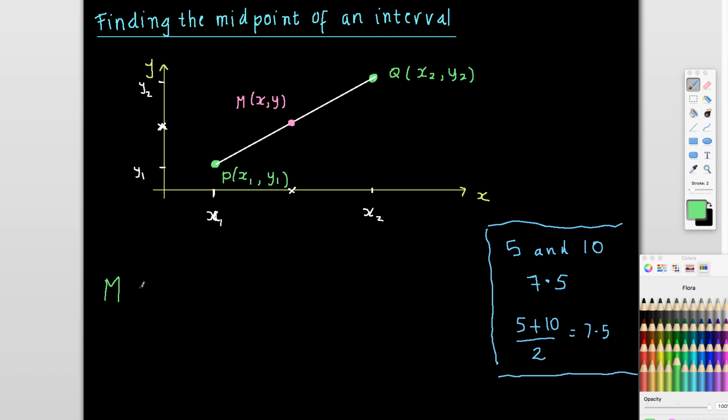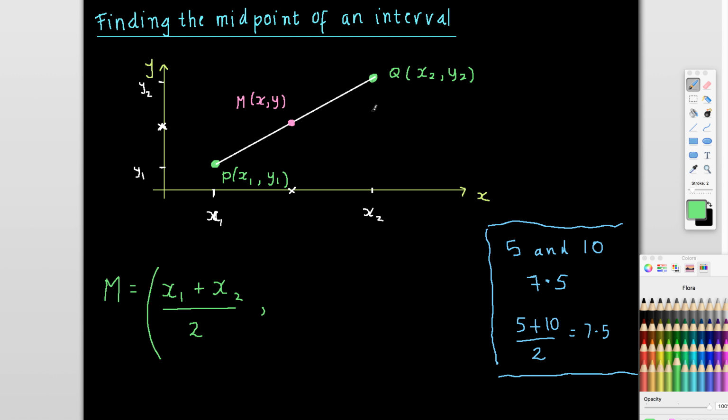So what I'm doing is writing a giant coordinate at the moment. To get the x coordinate of your midpoint, you're going to find the average of the x1 and x2 values. Average is add them together, divide by however many there are. Then a comma, so that's my first number.